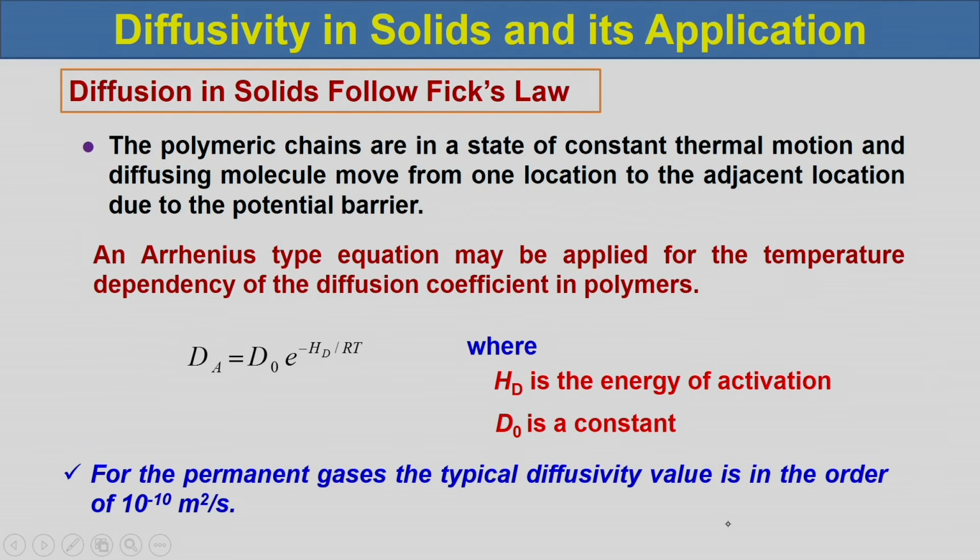For permanent gases, the typical diffusivity value is on the order of 10^-10 meter square per second. So, this is the typical value, but it varies from 10^-5 meter square per second to 10^-13 meter square per second.